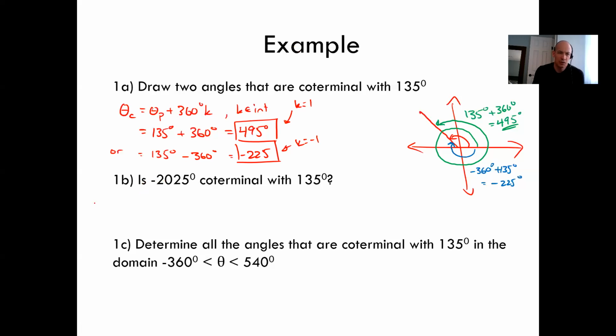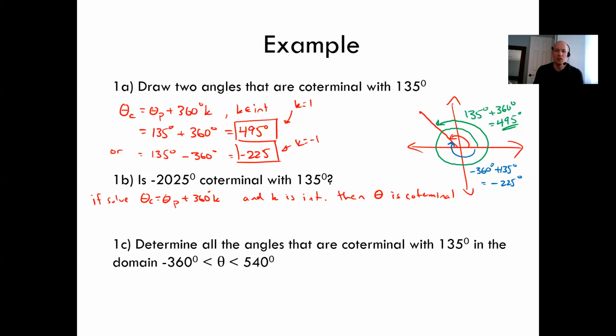So the approach here is, if you solve this equation, 135 plus 360 times k, with degrees, where k is an integer, then the angle is coterminal.